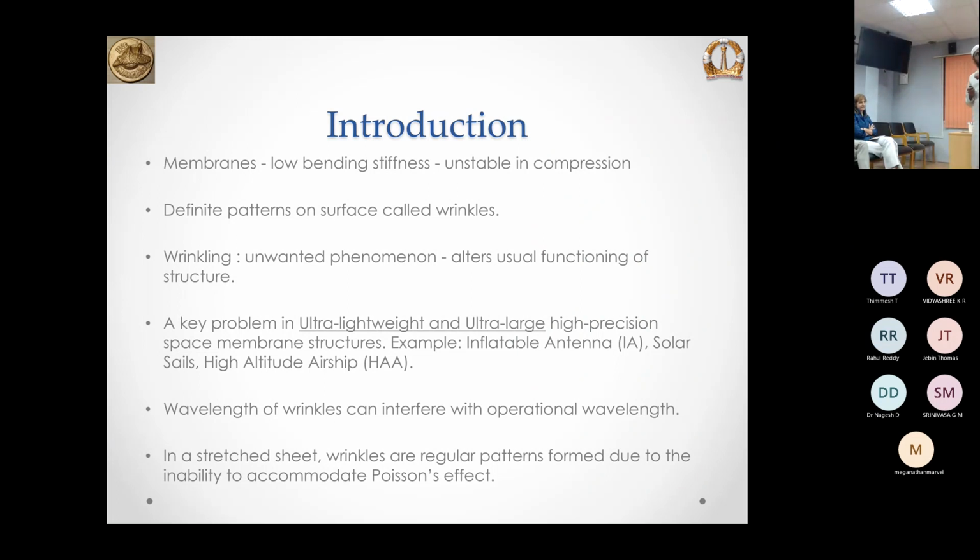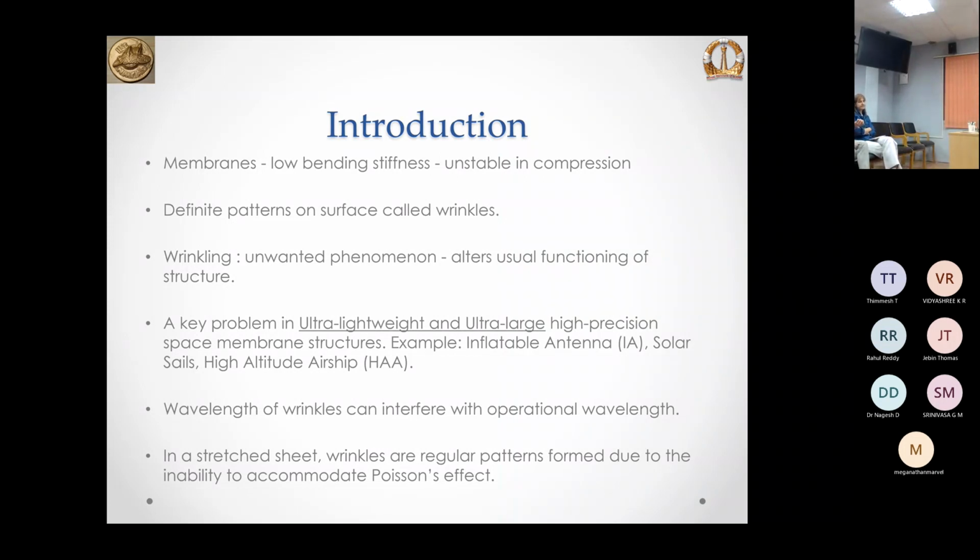This wrinkling is a key problem in ultra lightweight and ultra large high precision space membrane structures, for example inflatable antennas, solar sails, and high altitude airships, where we don't want wrinkles.